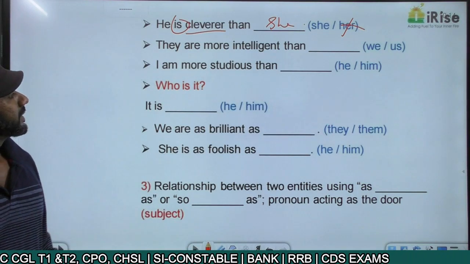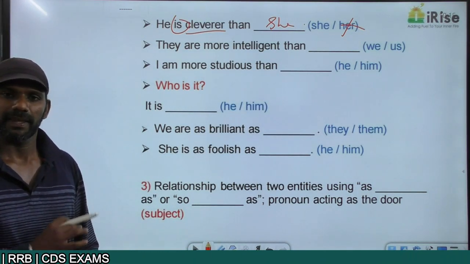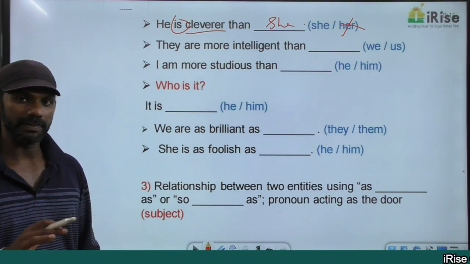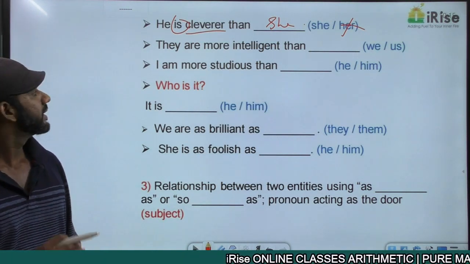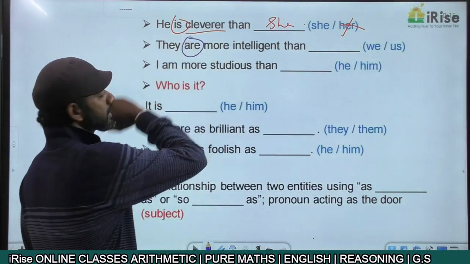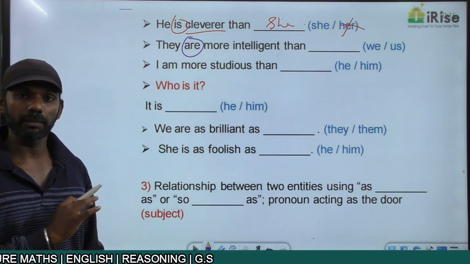Come on next. They are more intelligent than dash. Options are we, us. More intelligent is not a verb, not an action. More intelligent is a comparative adjective. The verb in this sentence is "are", auxiliary. And in this sentence, "are" is a linking verb, there's no main verb.